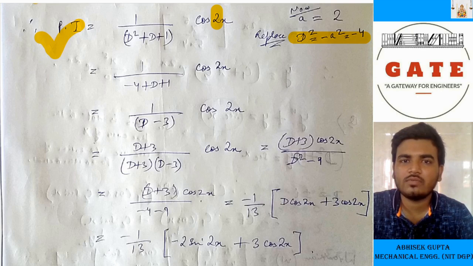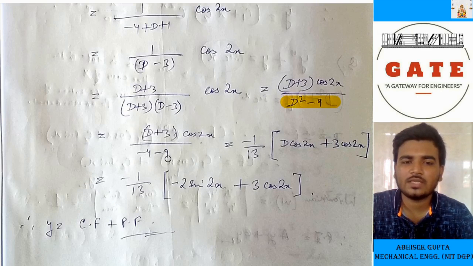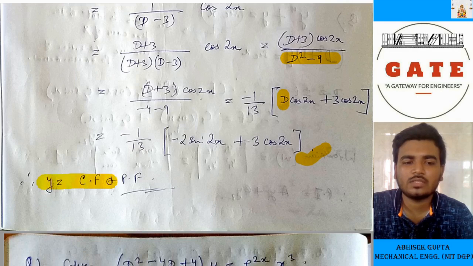So again replace D square with minus 4 here. So you will get minus 4 minus 9, and in the numerator you will get D plus 3 cos 2x. Now D cos 2x plus 3 cos 2x. D means here you have to differentiate the cos 2x function. So minus 1 by 13 into, after differentiating, minus 2 sin 2x plus 3 cos 2x. Now you got the PI, and to get the complete solution add CF plus PI.